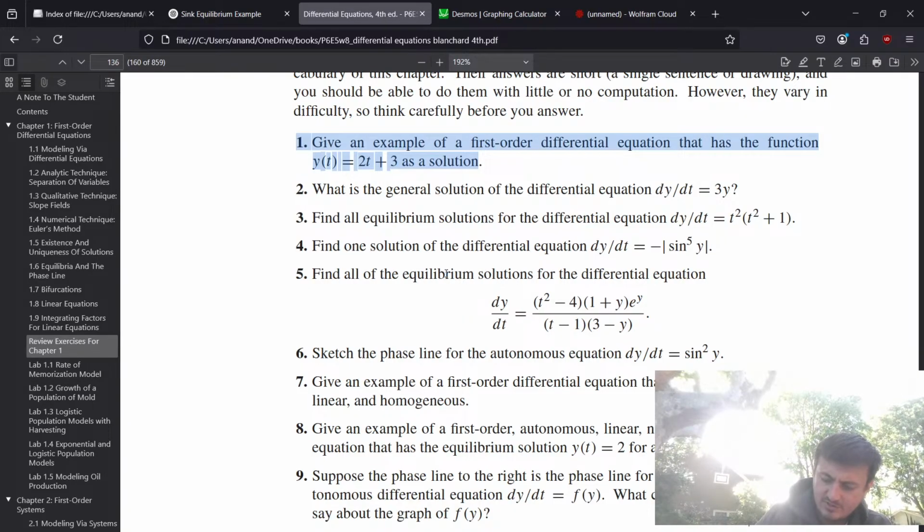Let's just say this. dy/dt is equal to 0 if t is equal to 0 or, that's it.